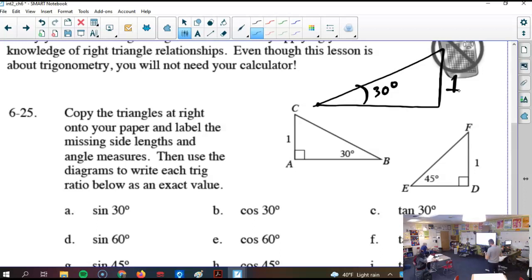Okay, the height is 1. So we're going to do sine and cosine, and maybe a little tangent at the end, and see what we notice. So we can probably fill in the other sides of our triangles. Opposite over hypotenuse.